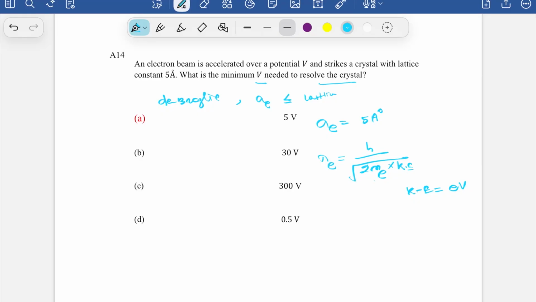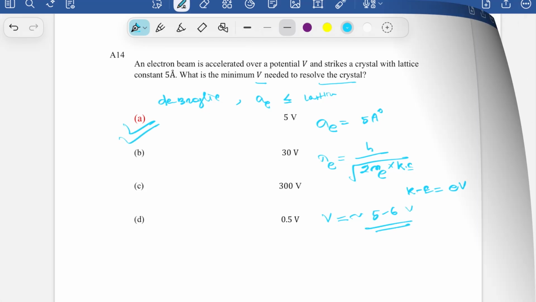If you substitute all these numerical values, lambda e equal to 5 angstrom, Planck constant, mass of electron, and the kinetic energy, you will find the potential is of the order of 5 to 6 volt. So the correct option is A.